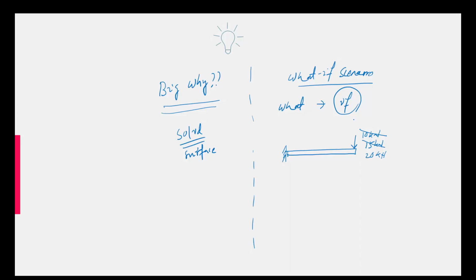What is going to happen by keeping the 10 kilonewton fixed and reducing this cross section? What is going to happen by keeping this 10 kilonewton fixed and changing the material? What is going to happen if I introduce an in-between support? So investigating and studying different what if cases is the real power of finite element analysis, which you can really unfold and understand and apply to the fullest.